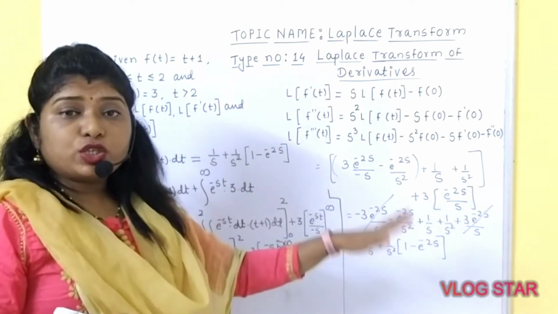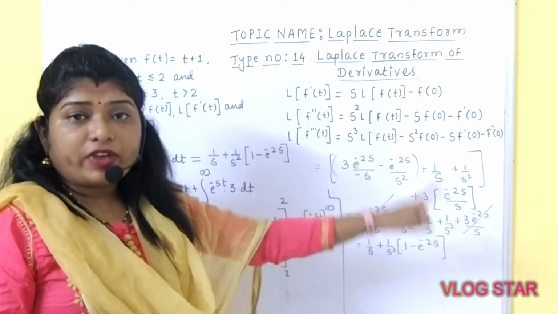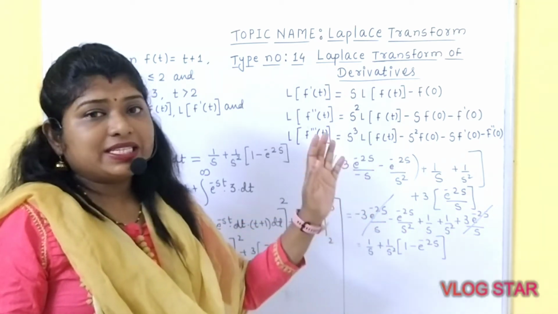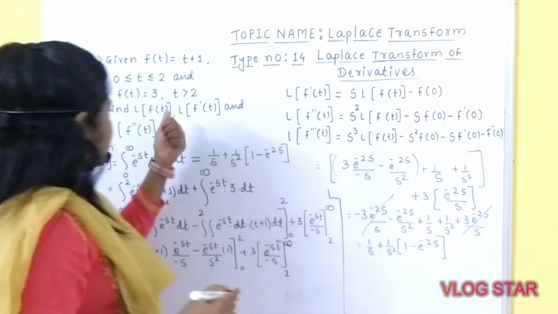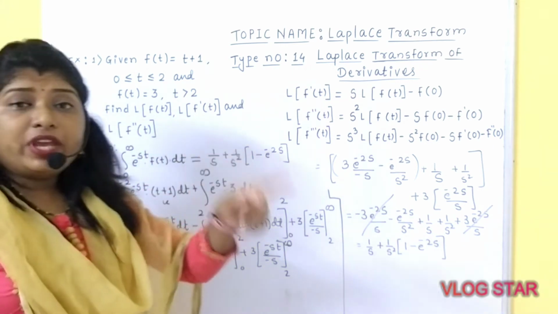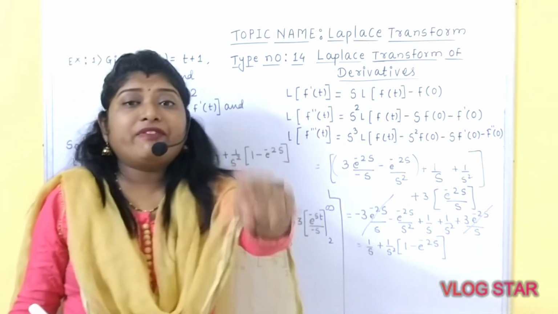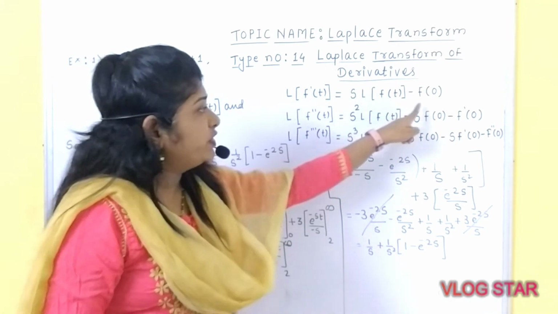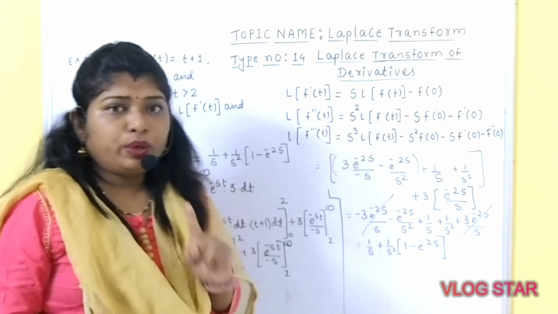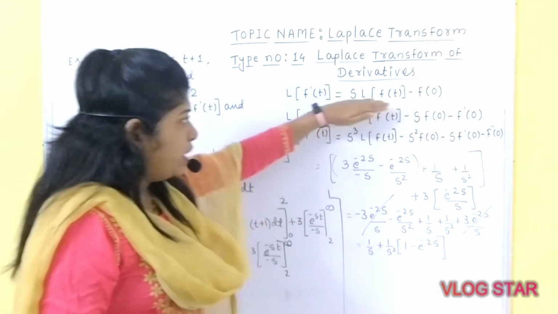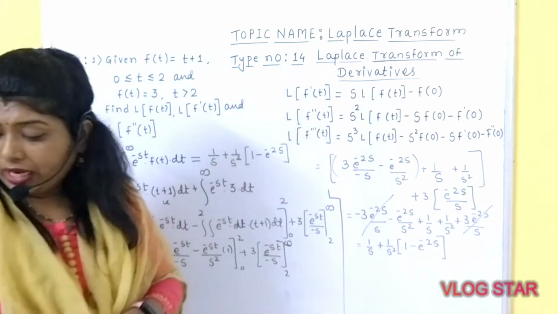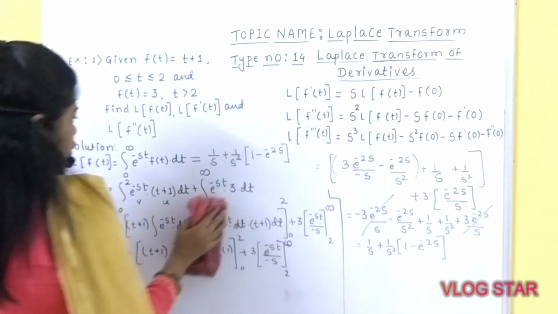I hope you have understood how to find out Laplace of f of t with the help of the standard result. But the second term is what? We have to calculate Laplace of f dash of t with the help of this formula. What we need to do? With the help of this formula, we have to find out Laplace of f dash of t.